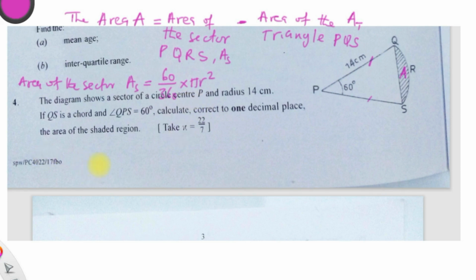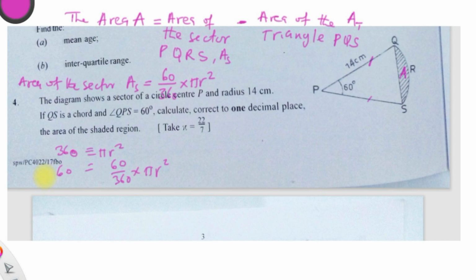Look here, because you know that the whole angle in the circle is 360 degrees. So this 360 degrees is equivalent to the whole area of the circle, which is pi r squared. Therefore, this 60 degrees will be equivalent to 60 over 360 times pi r squared.